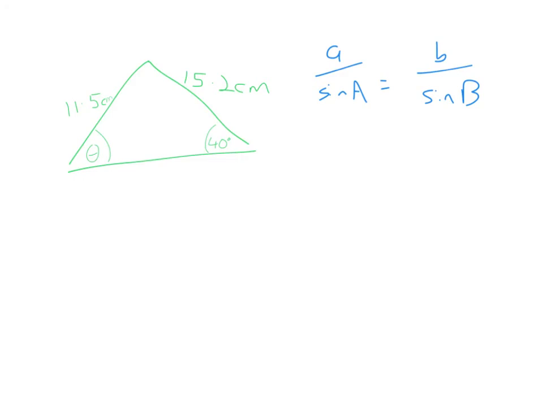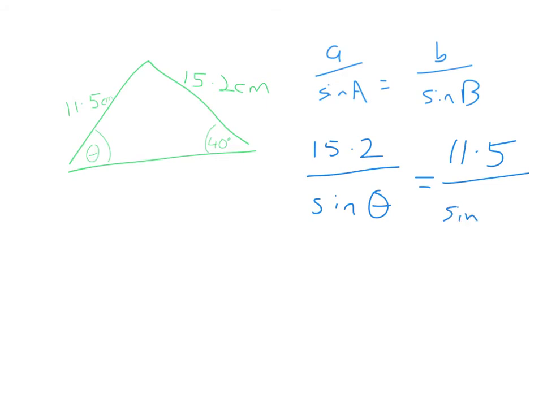A we can put in as 15.2 divided by the sine of its opposite angle. So that's divided by the sine of theta. It's going to be equal to b, which is 11.5, divided by the sine of its opposite angle, which is 40 degrees.